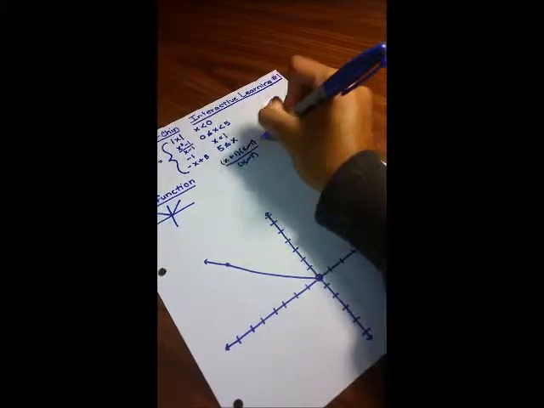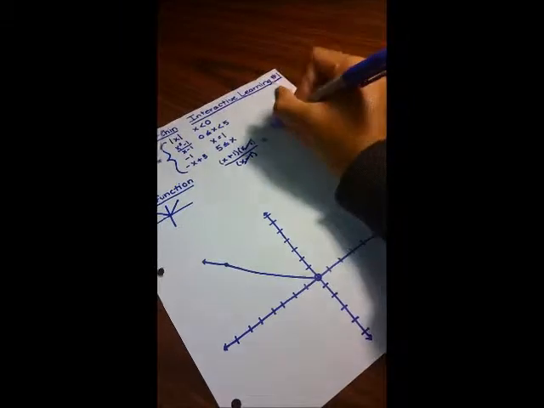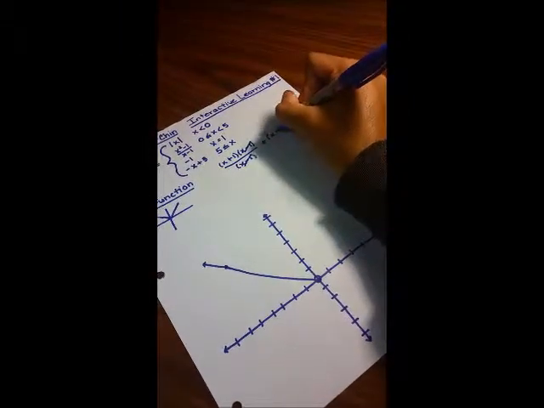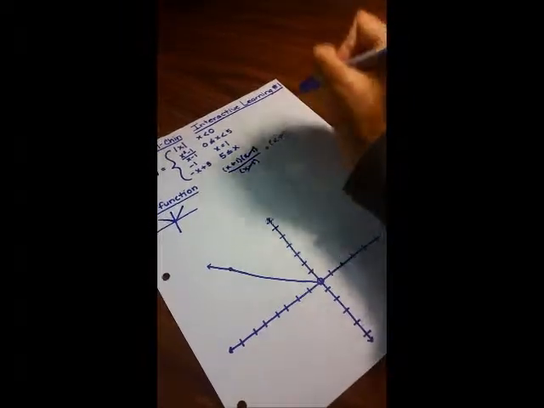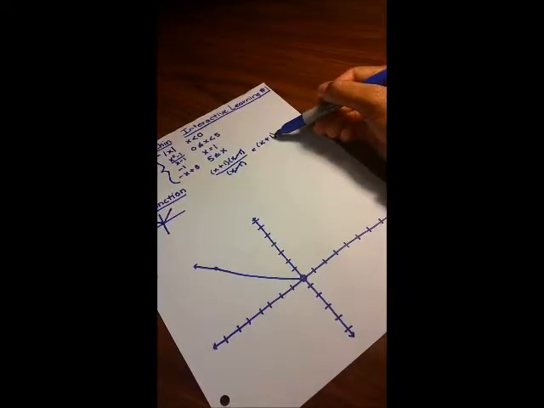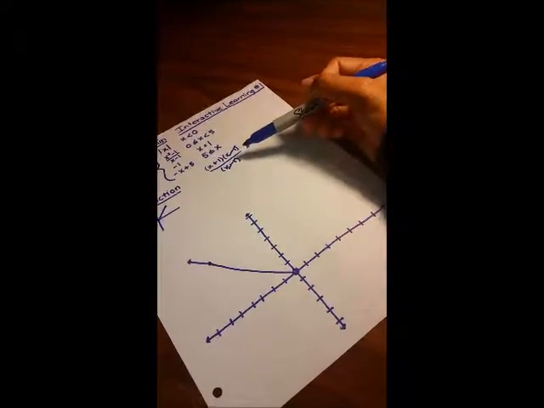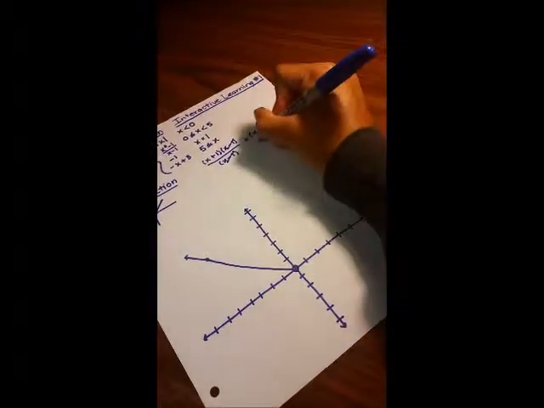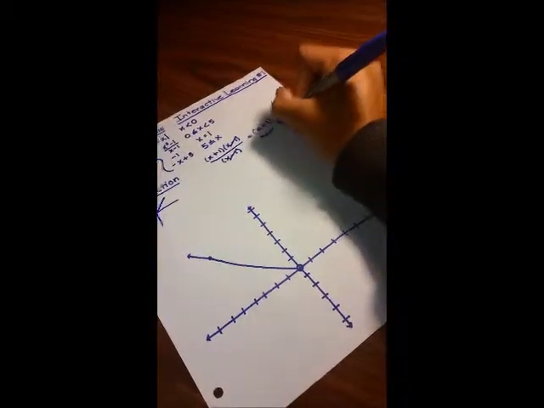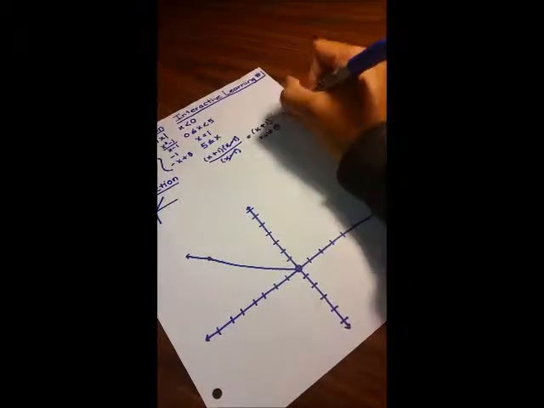And then these are going to cross out, and then all you're left with is x plus 1. Now that is going to be the graph that you're graphing. However, what we just canceled out is going to be a hole in our graph. So we're going to have a hole at 1.